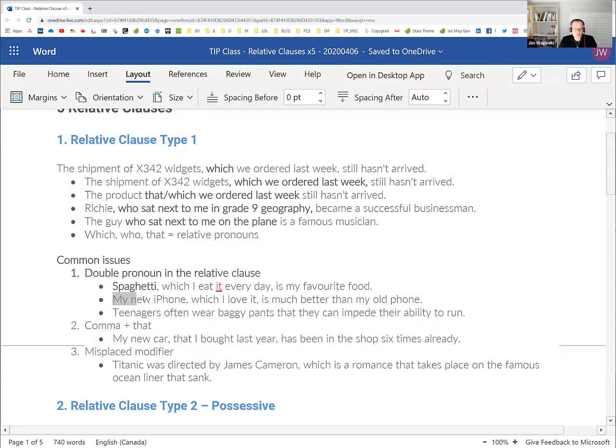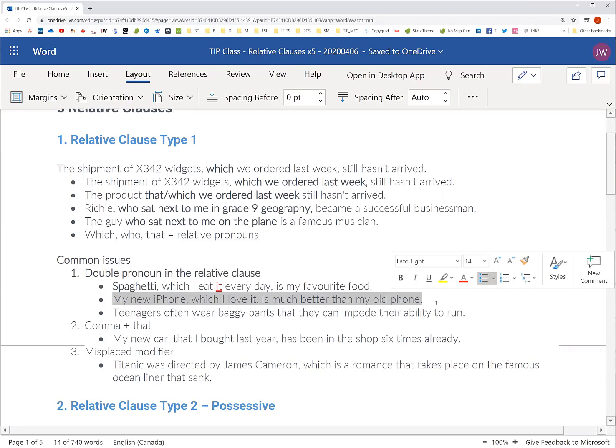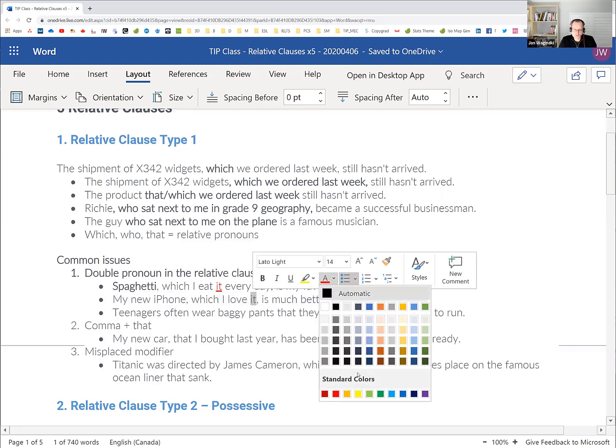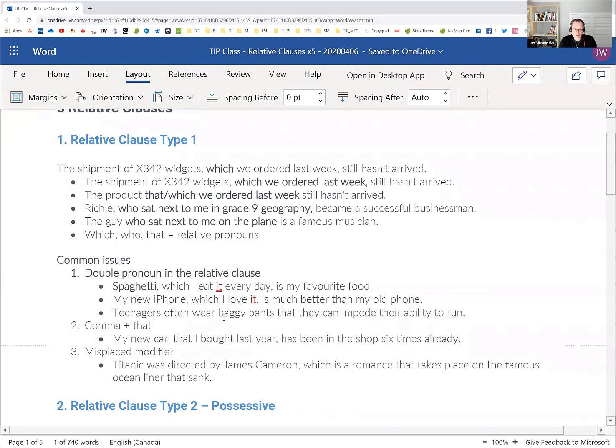Exactly the same situation here. My new iPhone, which I love it, is much better than my old phone. It. Yes. Again, no good. And one other variation on this issue is this one. Teenagers often wear baggy pants that they can impede their ability to run.